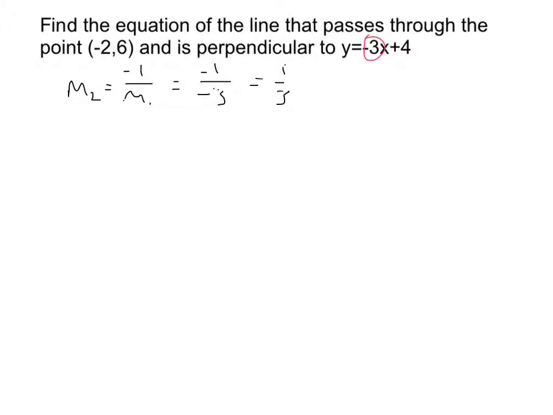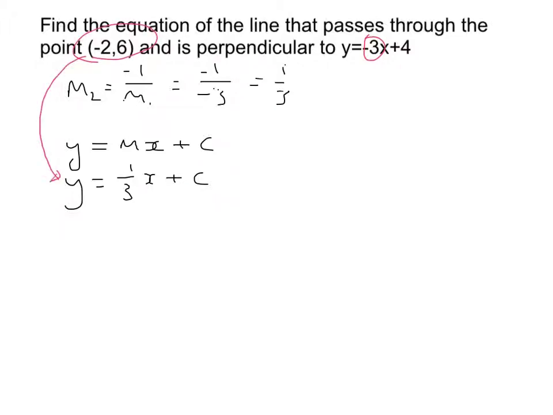Next thing we need to do is substitute that into our equation. So we go y equals mx plus c. y is equal to a third x plus c. What we now need to do is substitute our coordinates into the equation. So 6 will equal 1/3 of negative 2 plus c, or 6 will equal negative 2/3 plus c.